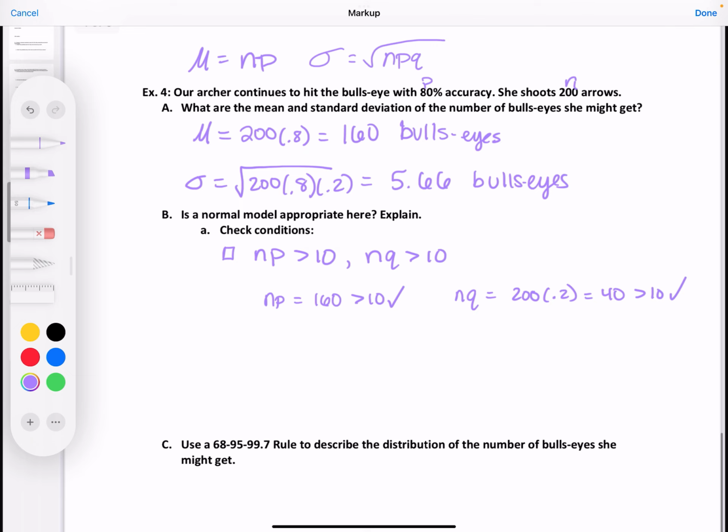One is pointed and one's rounded now, and that's kind of annoying, but whatever. So this means that the sample size is large enough.